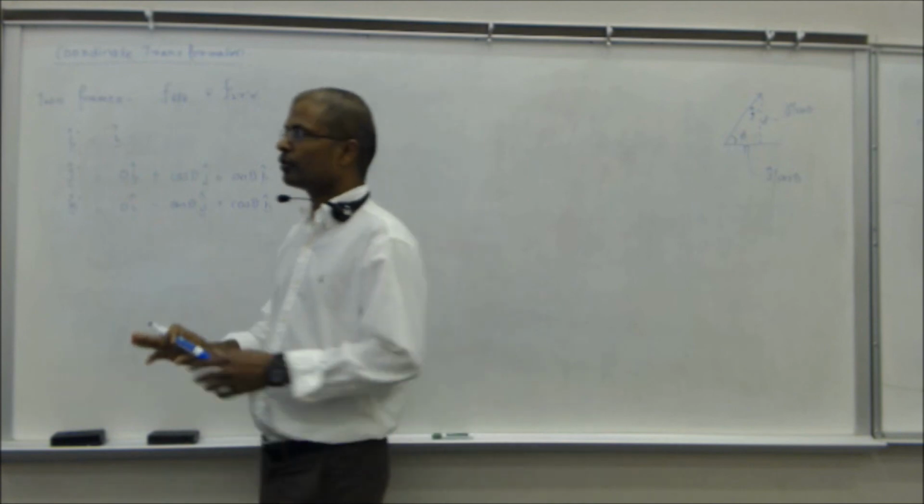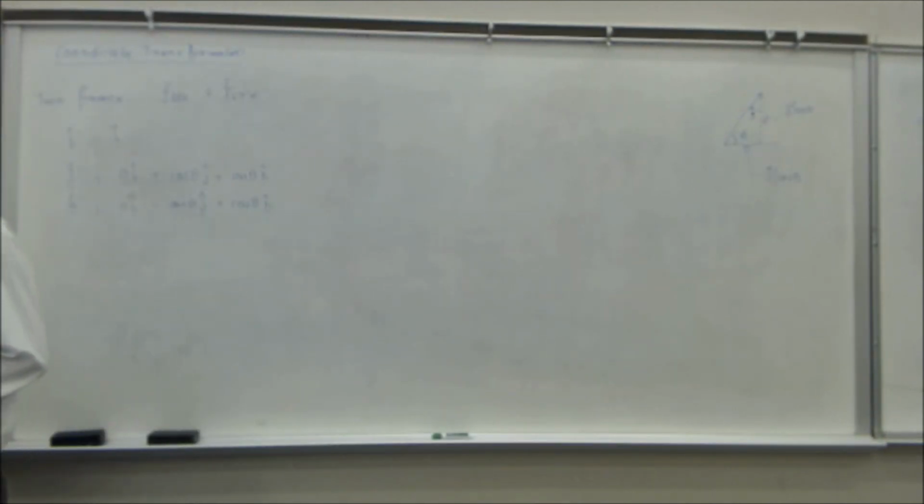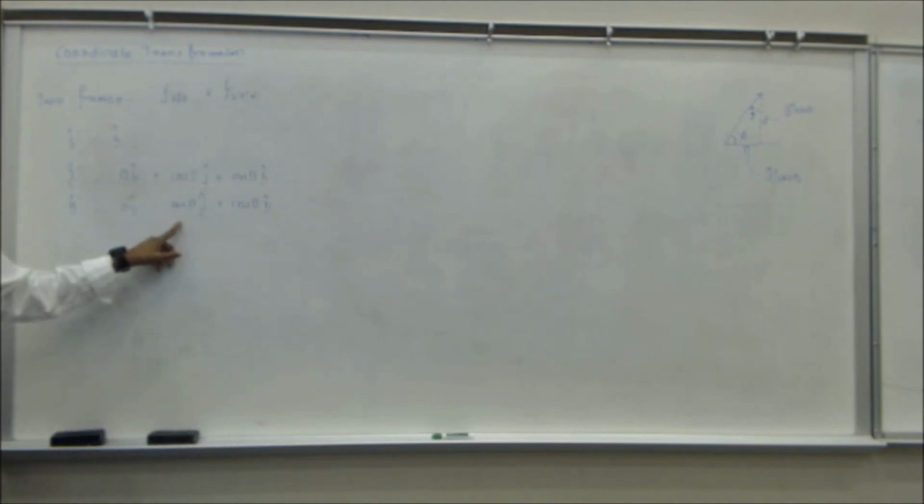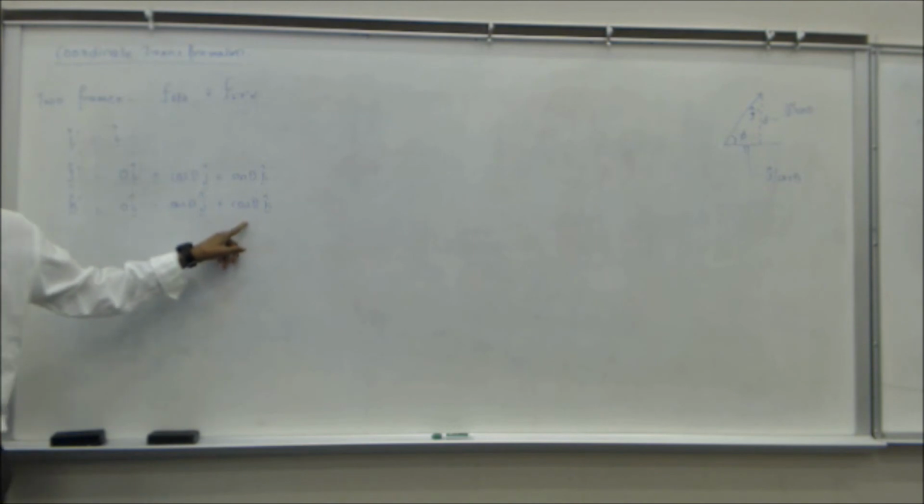If you look at j prime, both the j component and the k component are in the same direction as i and j, right? So this is positive, this is positive. But if you look at k, this component has to be negative, because your j direction is in this direction. So this is negative, but this is positive still, because it's still in the k direction. That is the reason you get minus sine theta plus cosine theta. Okay?